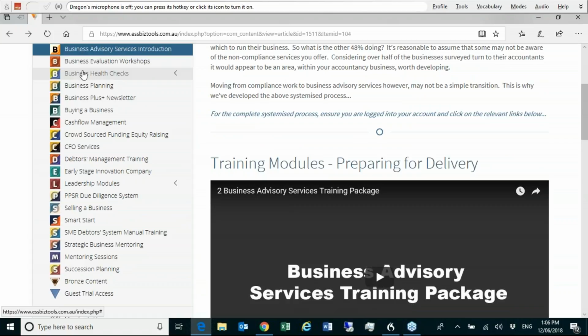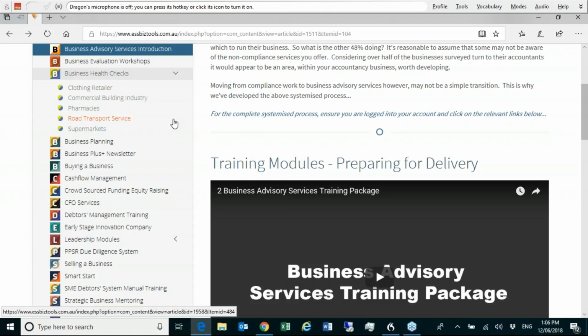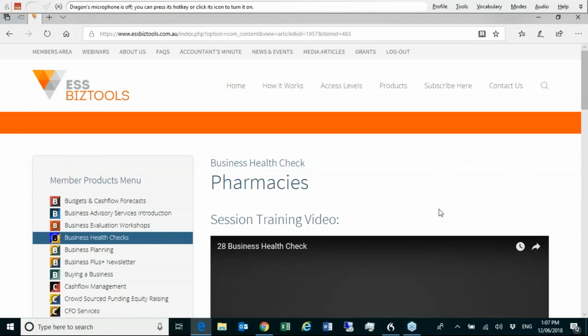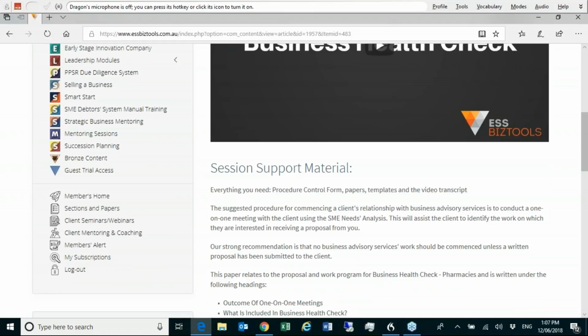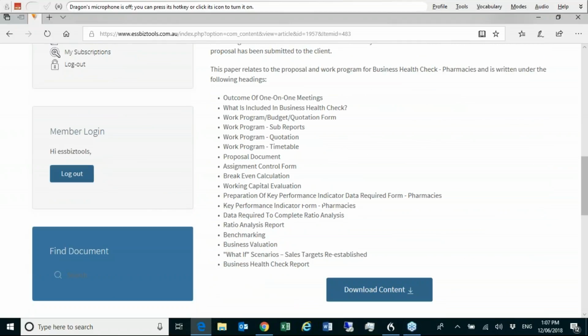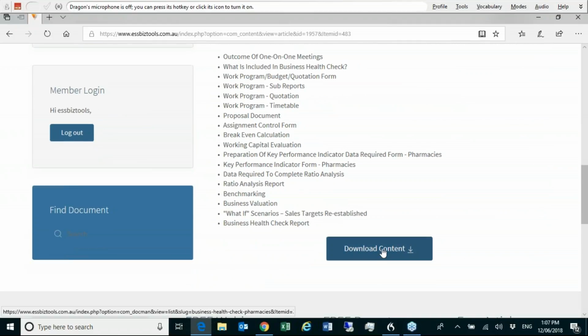The next area I want to move to is business health checks. Now, there are business health checks for 5 separate types of businesses. To give you a quick overview, I'm just going to click on pharmacies. So there's details there. We'll download the content.